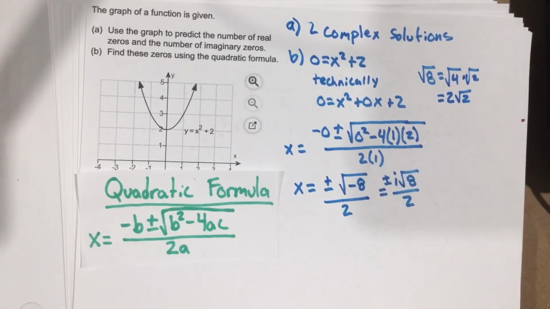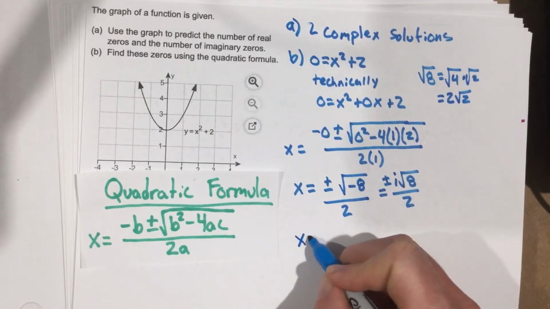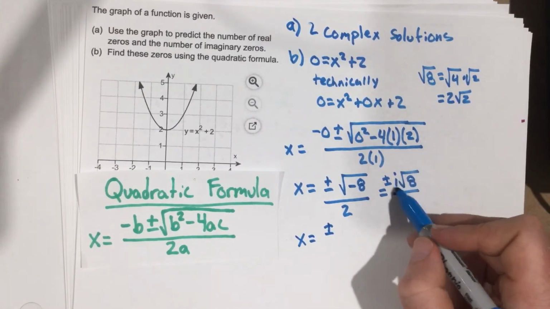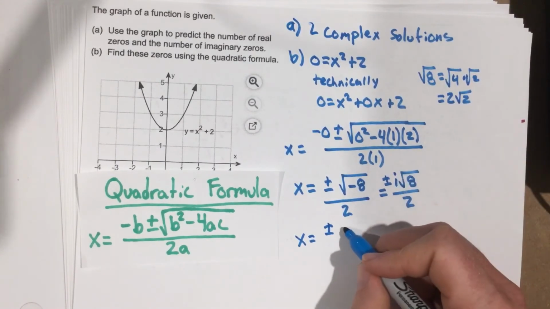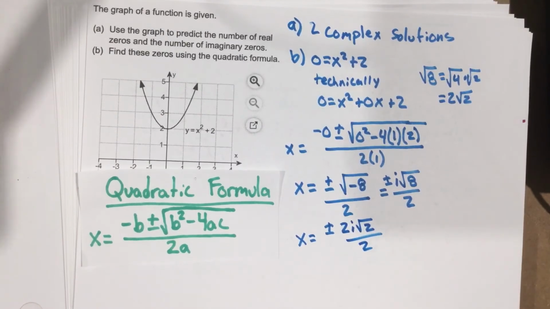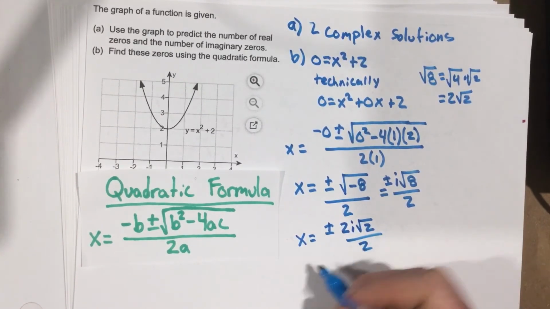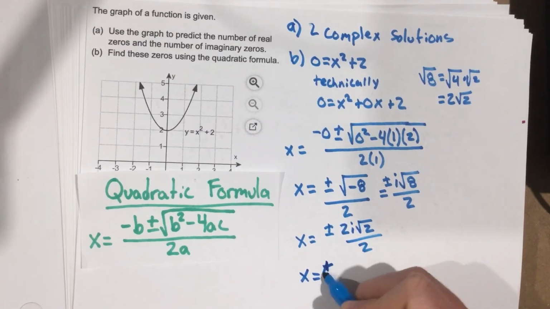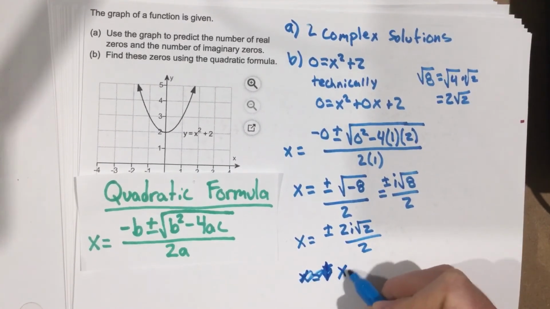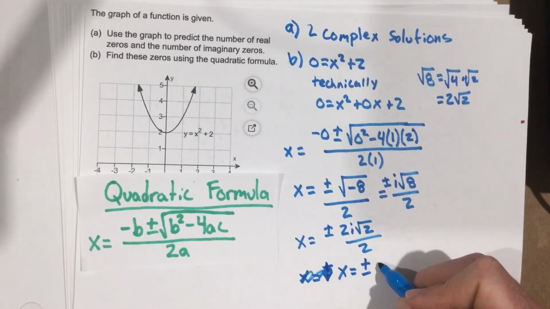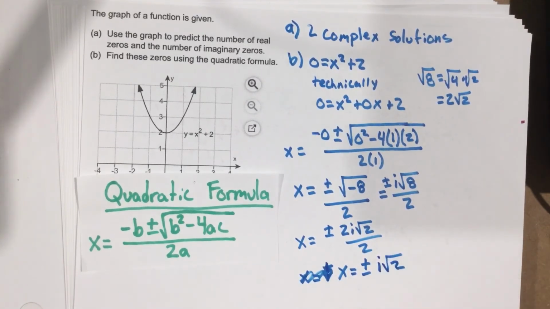And so I can write this now as x equals plus and minus, and I'm writing the i in there as well. So this would be 2i root 2 over 2. The 2's out front cancel, leaving you with x equals plus and minus i root 2.